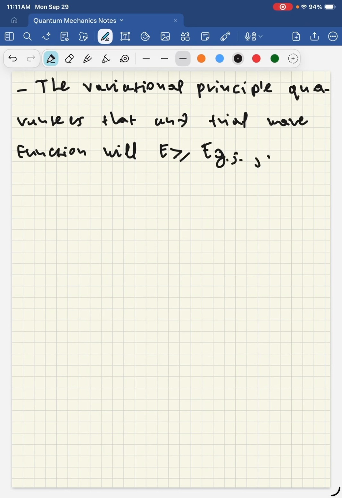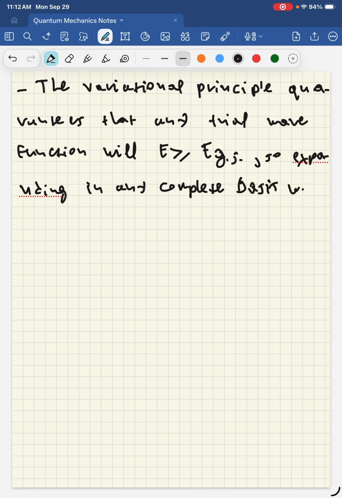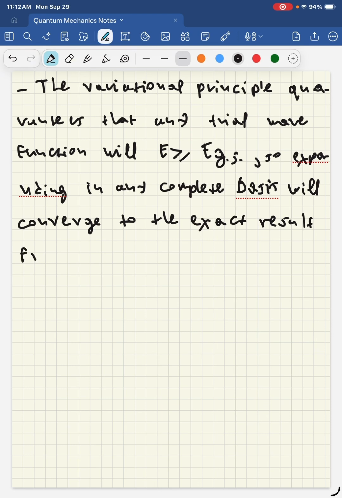Okay, so expanding in any complete basis will converge to the exact result from above.